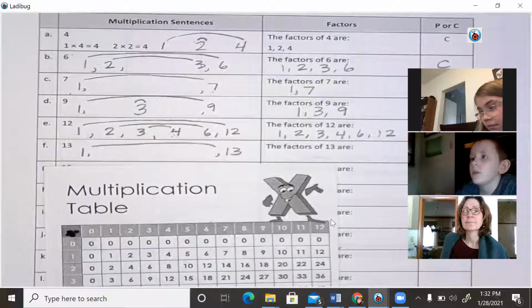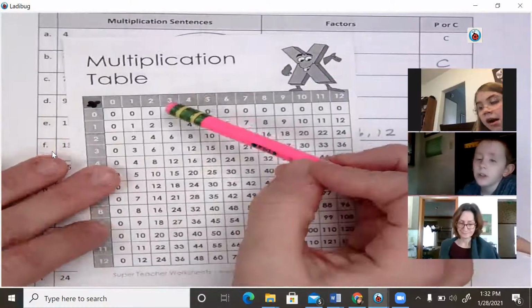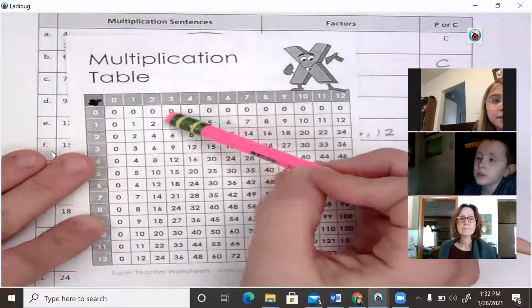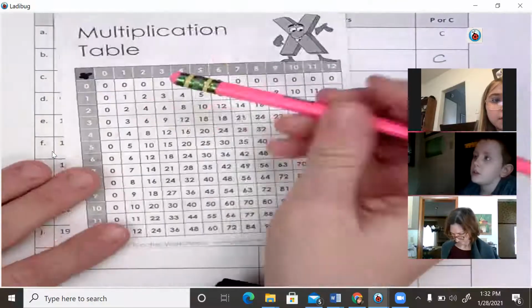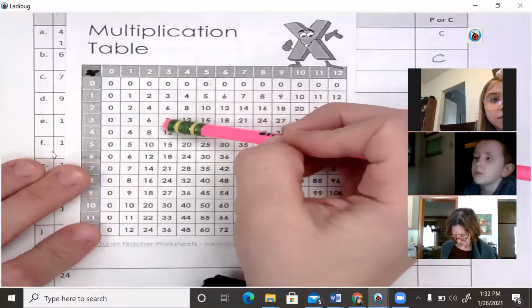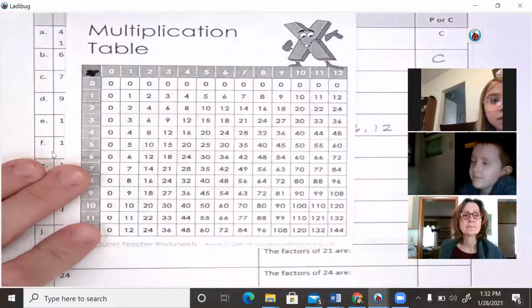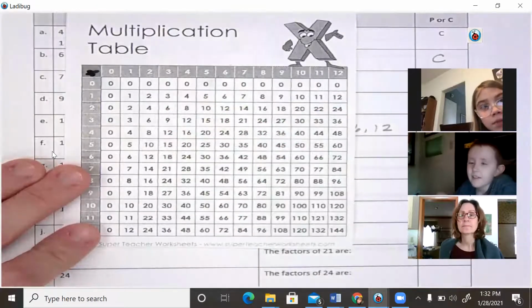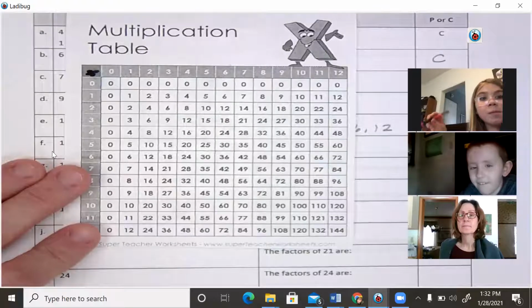Is 13 even or odd? Odd. So 2 will never be a factor. So let's move on to 3. If I look at my multiplication chart, do you see a 12? No, 13. We're on 13. Does 3 times anything equal 13? No. Okay, let's try 4.